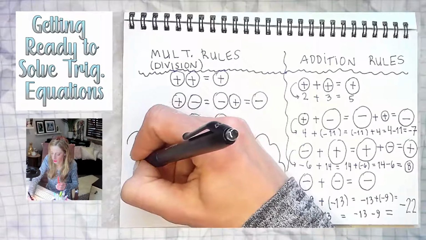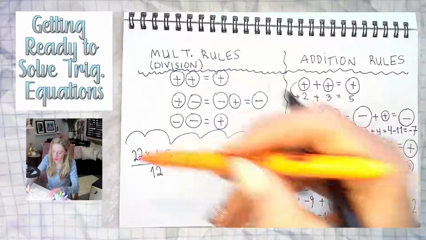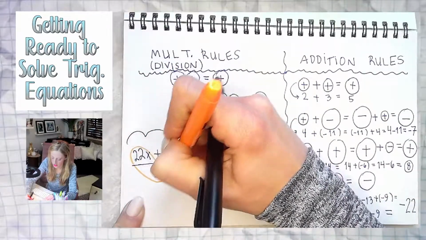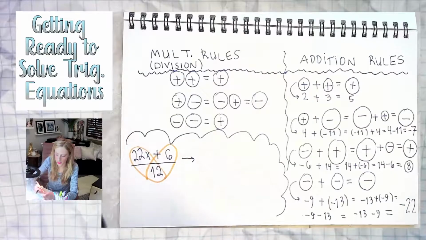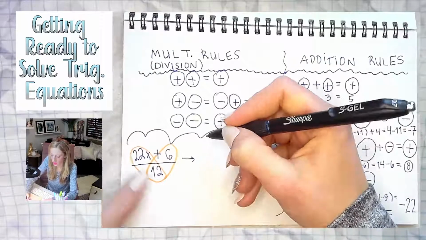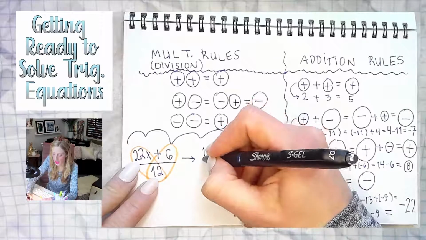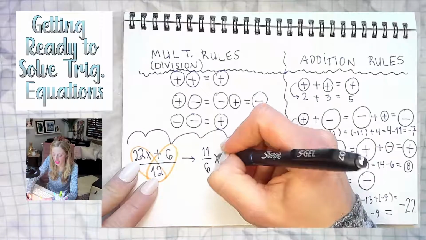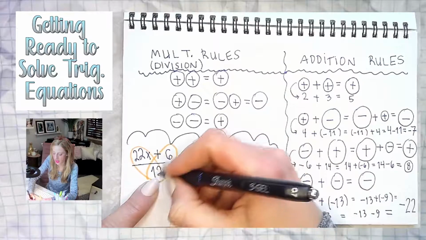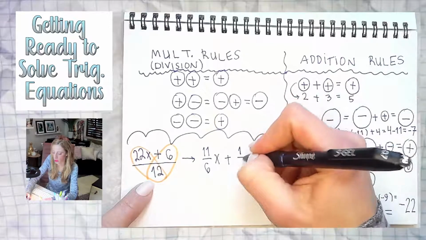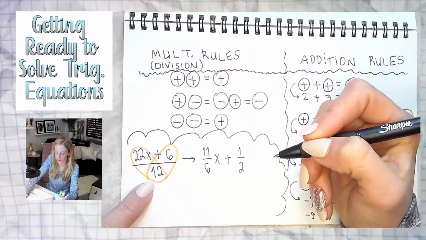I'll make that a 22. I'll make it a little bit more interesting. And yeah, I have to reduce this and I have to reduce this, if you have a plus or a minus sign in between. 22 over 12, I can reduce both by 2. I get 11 over 6x. There's my plus sign. And then 6 over 12, careful because people write down 2 a lot, but that would be 1 over 2. Okay?